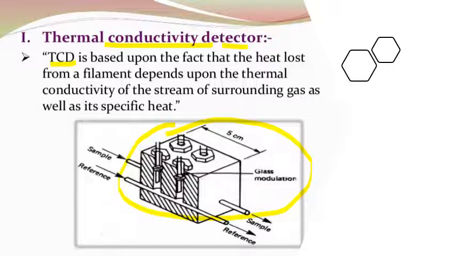It is based upon the fact that heat lost from a filament depends upon the thermal conductivity of the stream of surrounding gas as well as the specific heat of the sample. It records the change in the thermal conductivity and gives the signal accordingly.